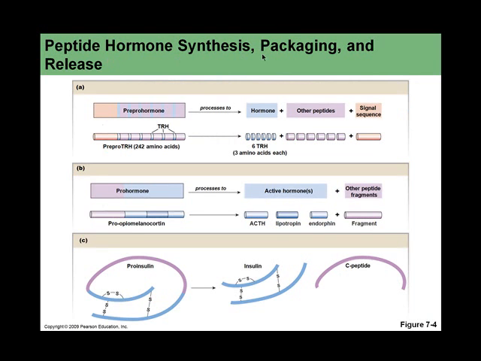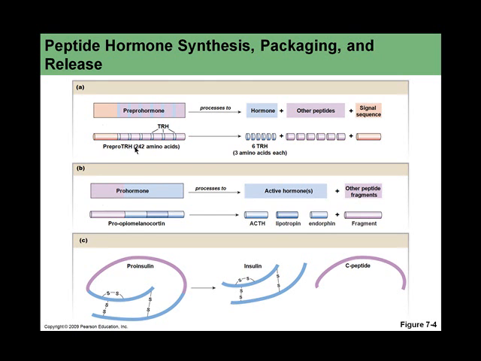So the peptide hormone synthesis, packaging, and release continues when we look at this type of linear representation or illustration of a pre-pro hormone. In this case, for thyrotropin releasing hormone, we can see it's a tripeptide. So it's actually repeated in the case of humans 6 times throughout the length of the pre-pro hormone.